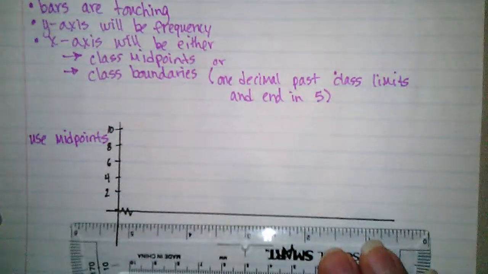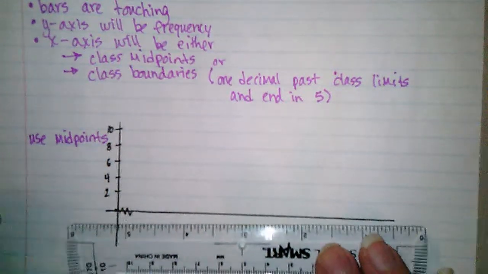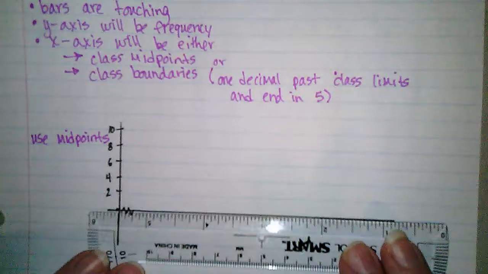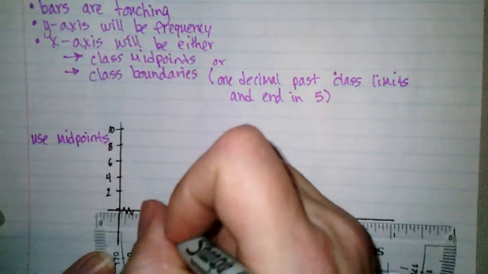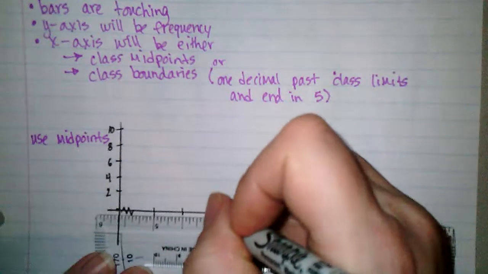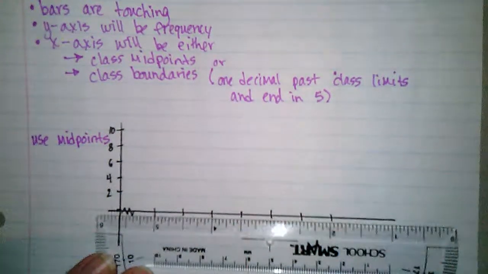Otherwise, it looks like my data would start at 0. I have 7 classes, so I want to evenly space them. So this will be 84.5. So 1, 2, 3, 4, 5, 6, 7.